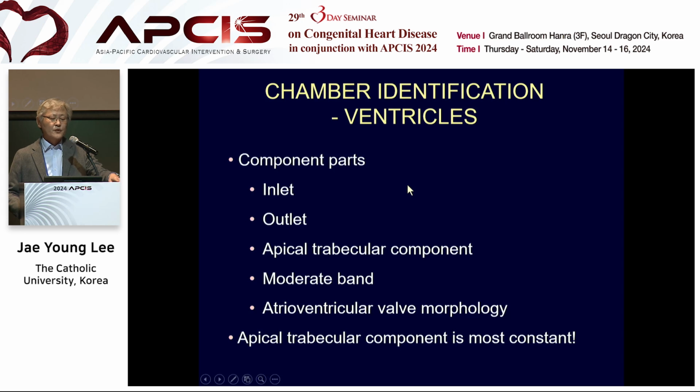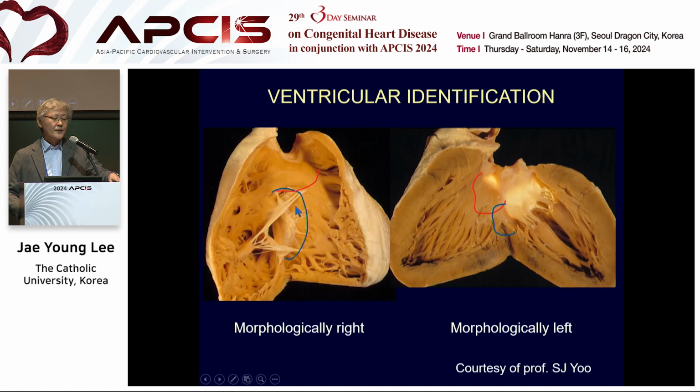Next, ventricle chamber identification. The ventricle has 3 components: inlet, apical trabecular portion, and outlet, plus the AV valve. Among these components, the most constant characteristic feature is the apical trabecular pattern.